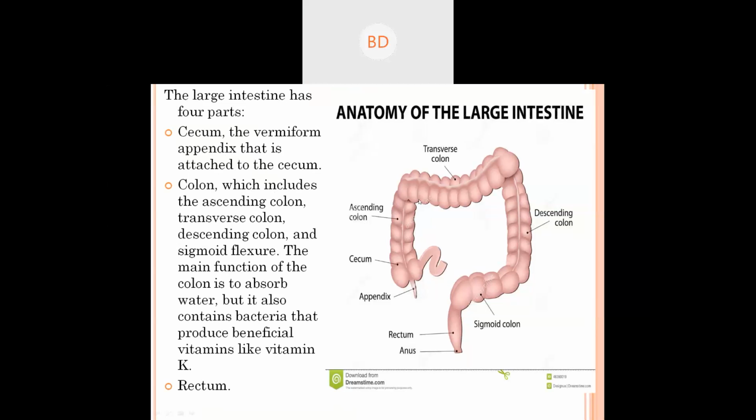Okay, so the large intestine has got different parts. As I've already said, the first one is the cecum. Then colon. Colon is how many parts? Ascending colon, transverse colon, descending colon, sigmoid colon, and the last is rectum.